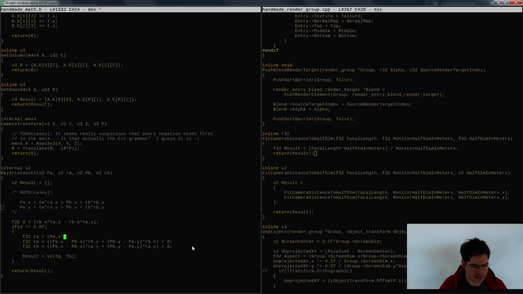So we have PAX RBY minus PBX RBY plus PBY RBX minus PAY RBX over D. And the equation here, they're both over RAY RBX minus RAX RBY, which is what we had, right?